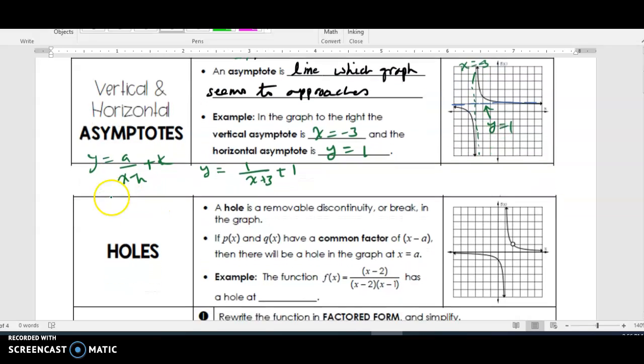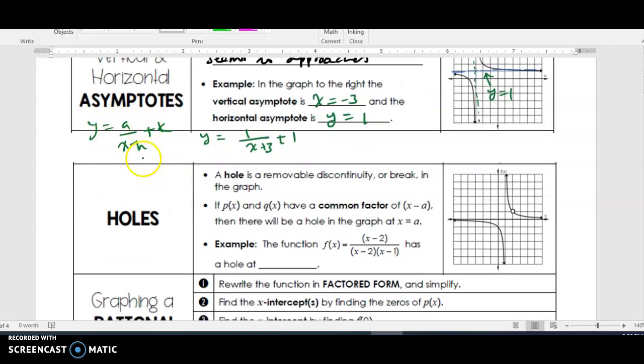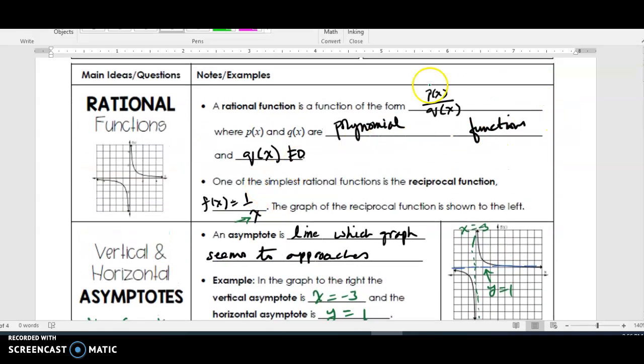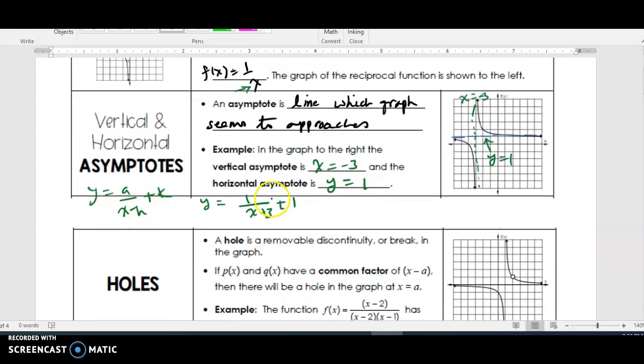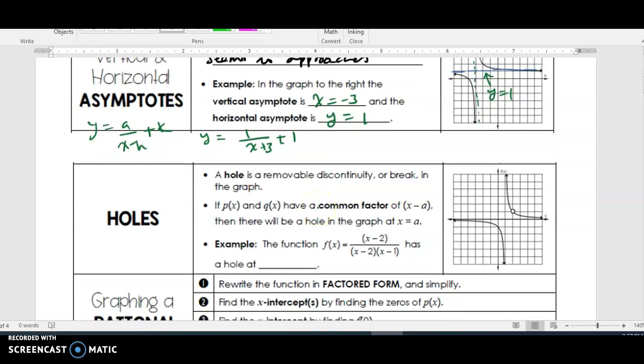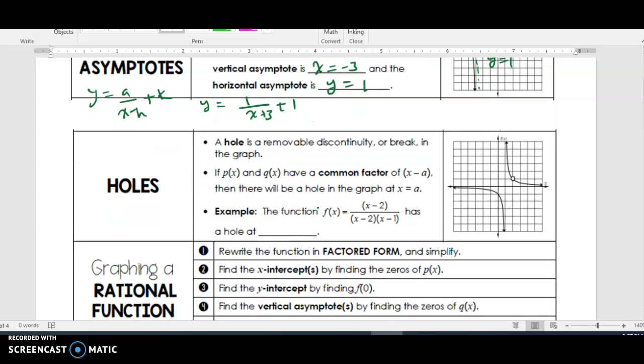This is not the only way a rational function is represented though. It could be represented as p of x over q of x, just like how we defined it. In effect, even this becomes p of x over q of x if you add these two fractions.